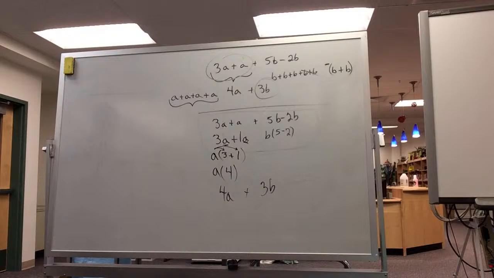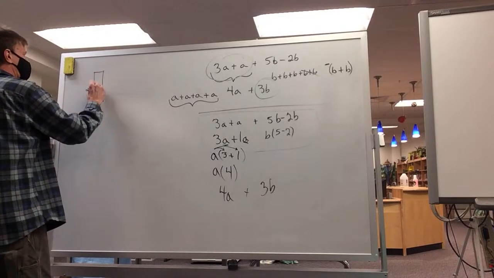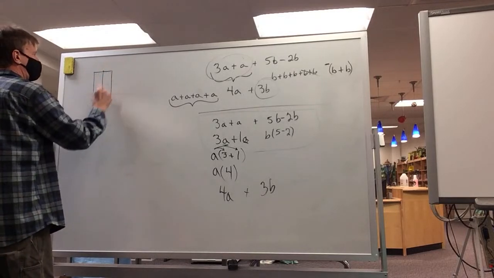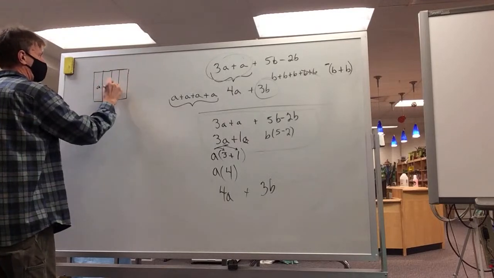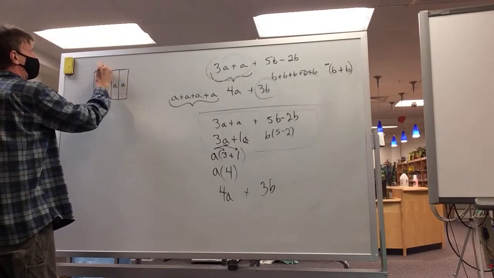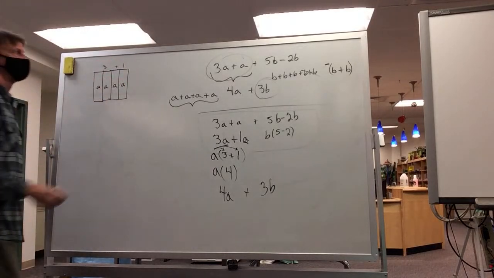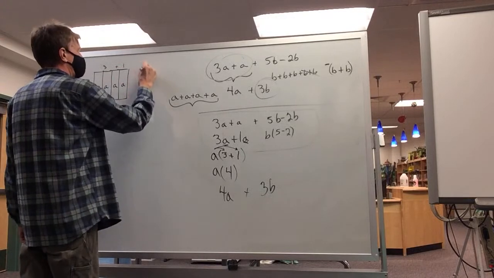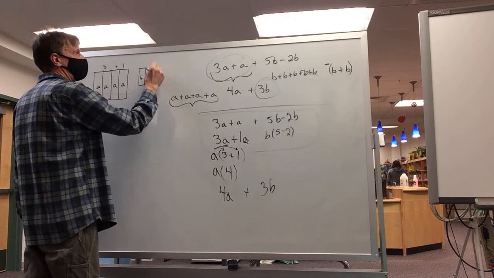Some people need to see algebra tiles. And they think of, well, if A is this long, and I had 3 of them, and then I added another one, so here's 3 and here's 1. Now I've got 4 A's. And if I had B, that's a different size, because it's a different value.